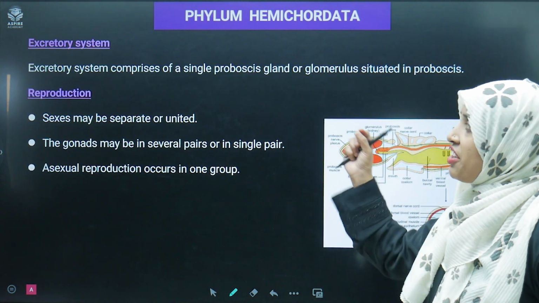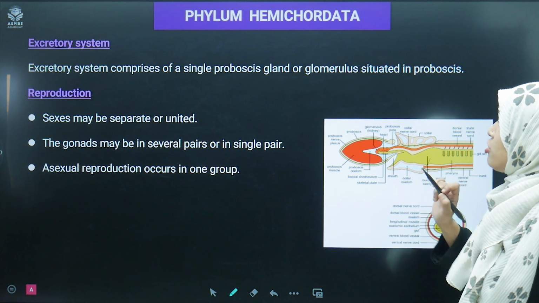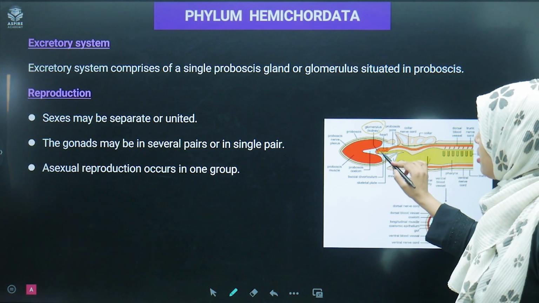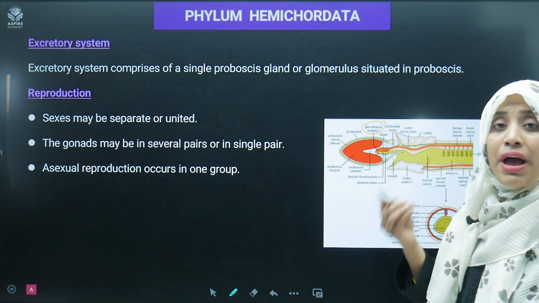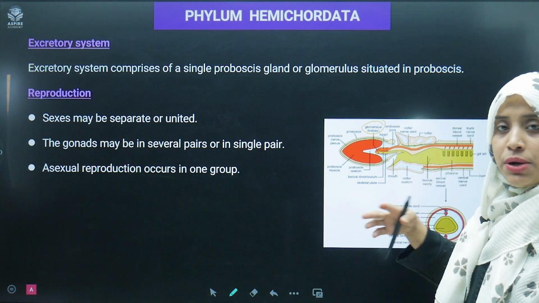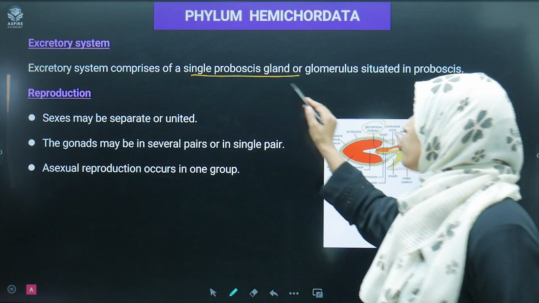Now, the excretory system. There is no separate system for excretion here. You can see this part, the glomerulus, playing the role of a kidney. Definitely the glomerulus will help in excretion. So the excretory system consists of a single proboscis gland.